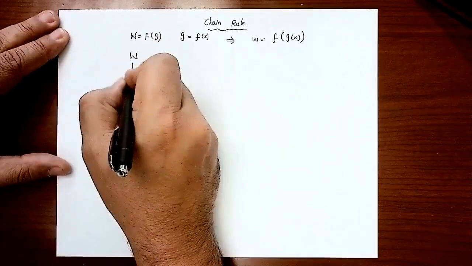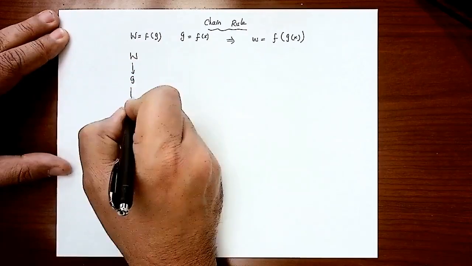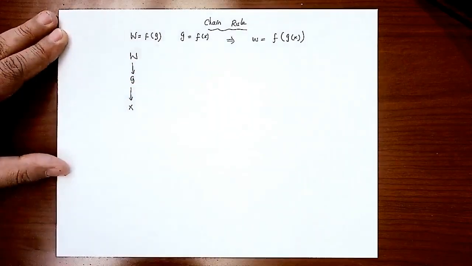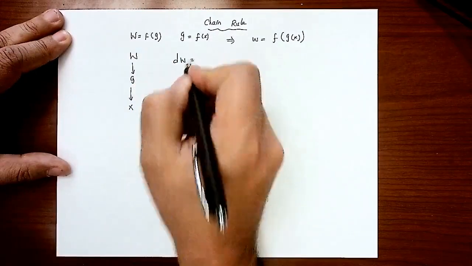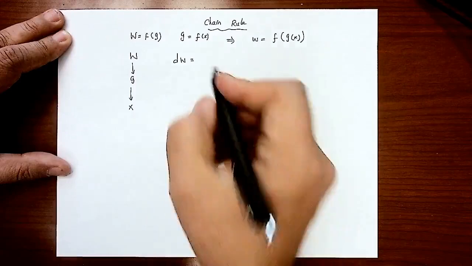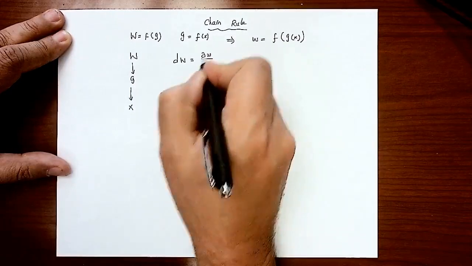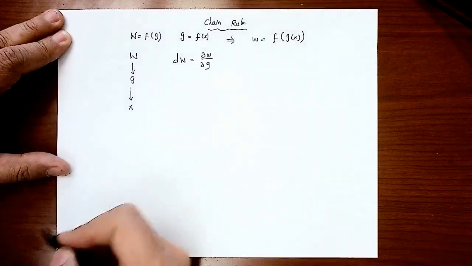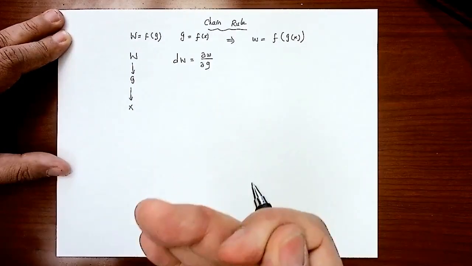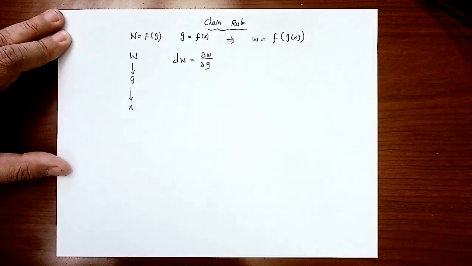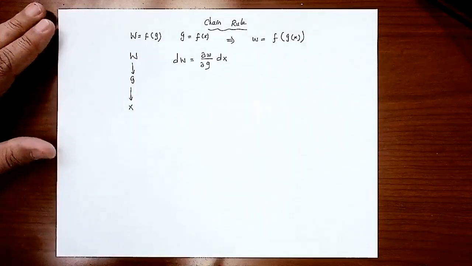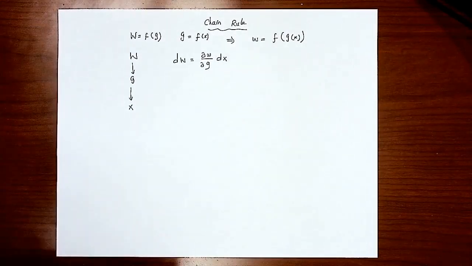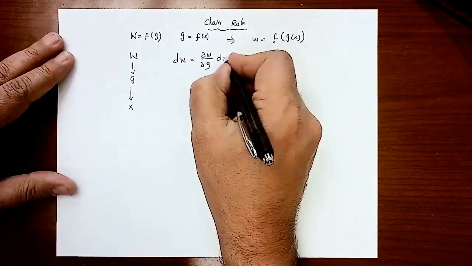W depends on G and G depends on X. So any change in the function W should be partially changed with G, because G itself is dependent on another variable, times the total change in the variable X. That's dG.